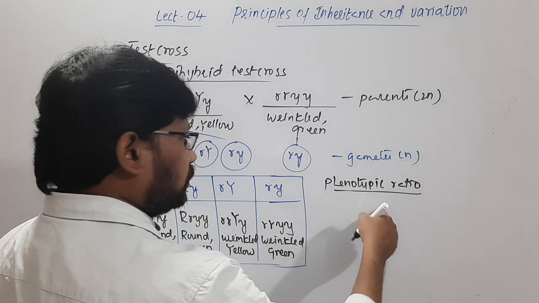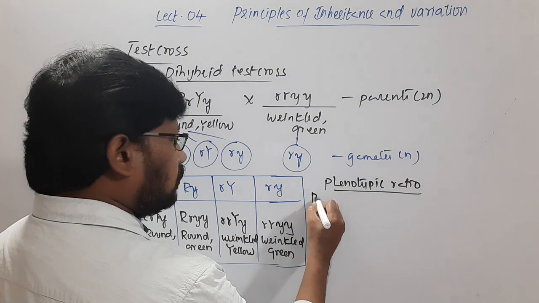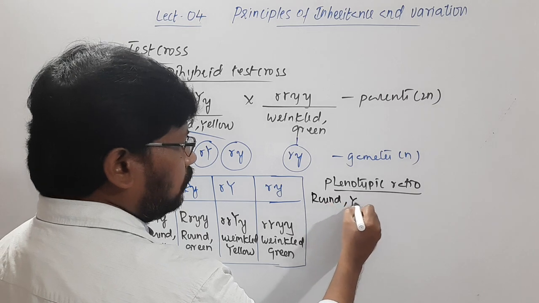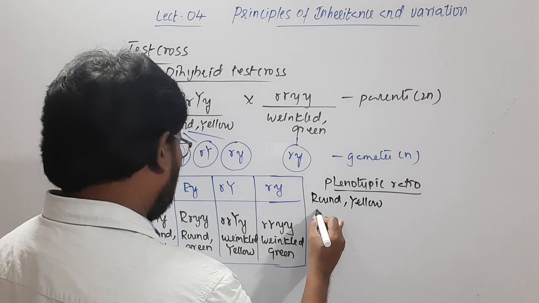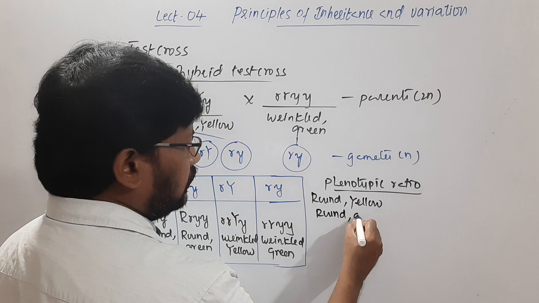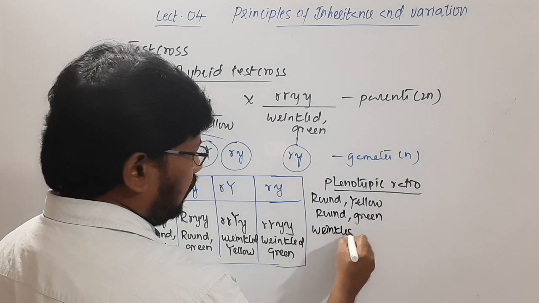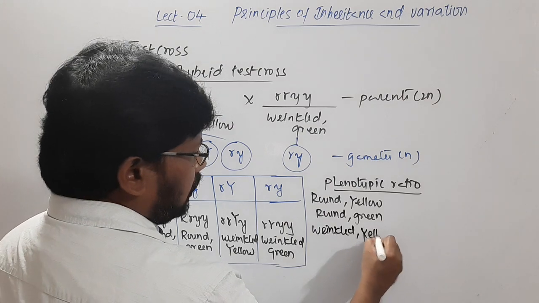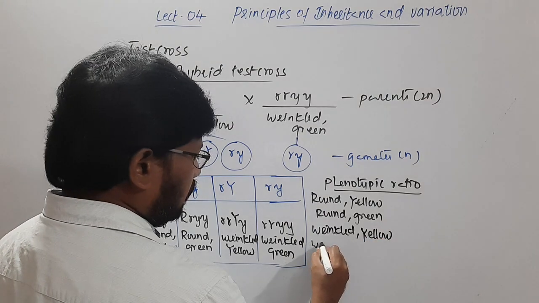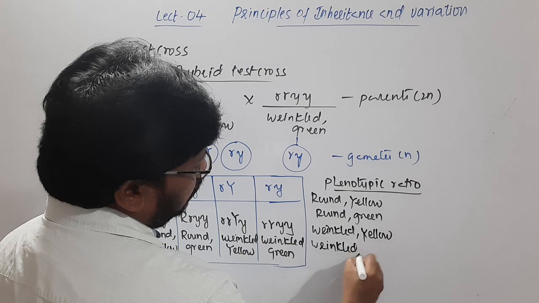So the phenotypic ratio, let's see how many we have of round yellow, how many we have of round green, then we have wrinkled yellow, and another one is wrinkled green.